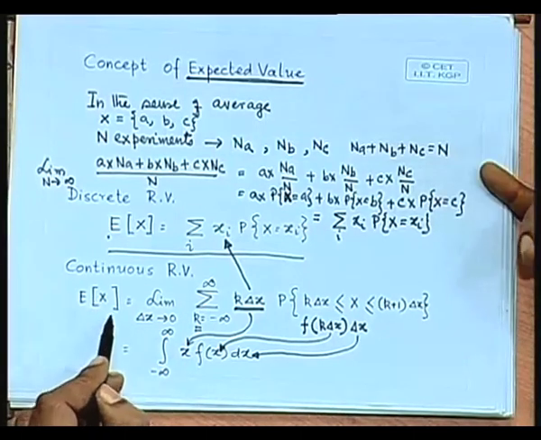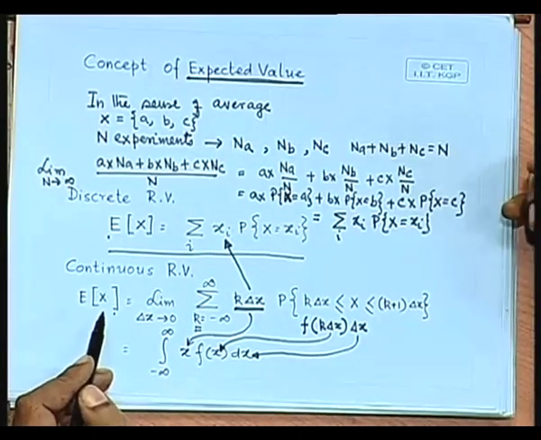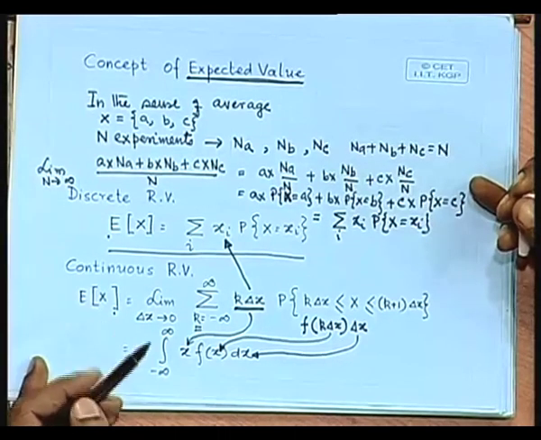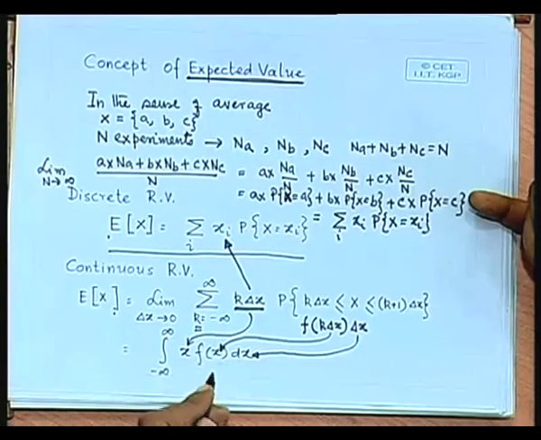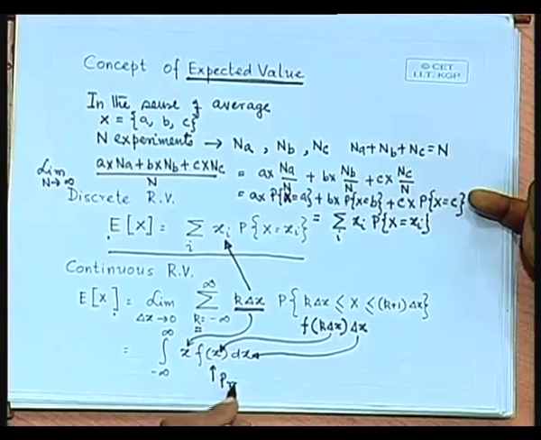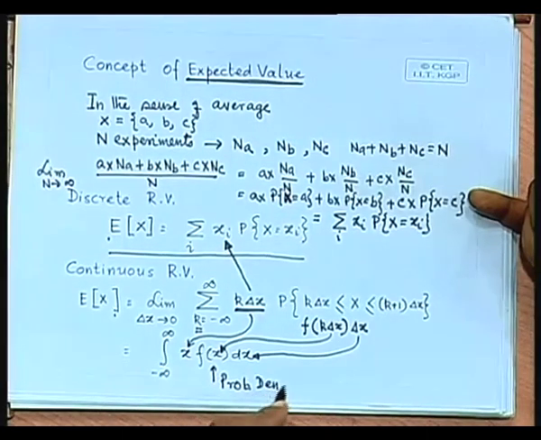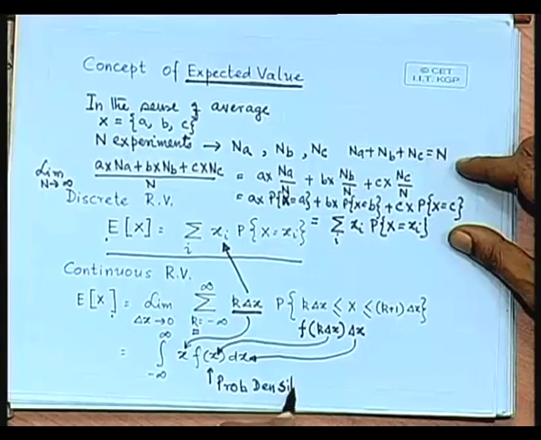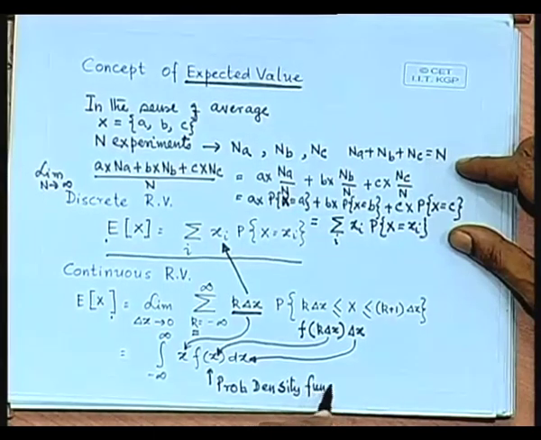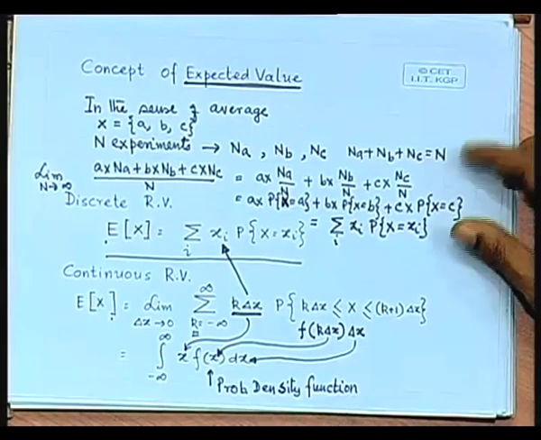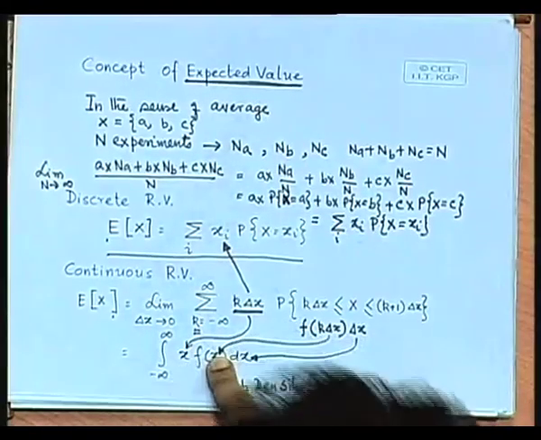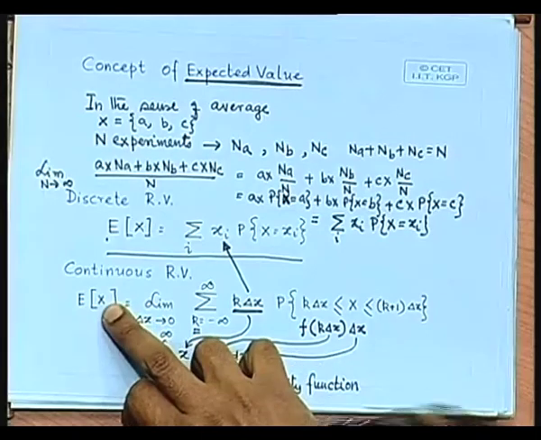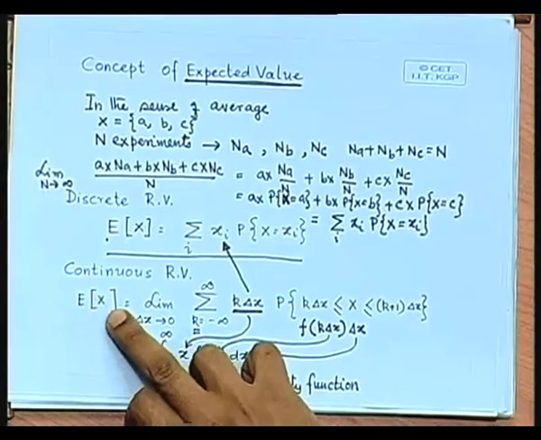So we get the definition of the expected value of a continuous random variable, which is nothing but the integral from minus infinity to plus infinity of x fX(x) dx, where fX is the probability density function. This is a very important quantity, often of great interest in various kinds of analysis. It is called the expected value of a random variable capital X and is denoted as E of capital X.